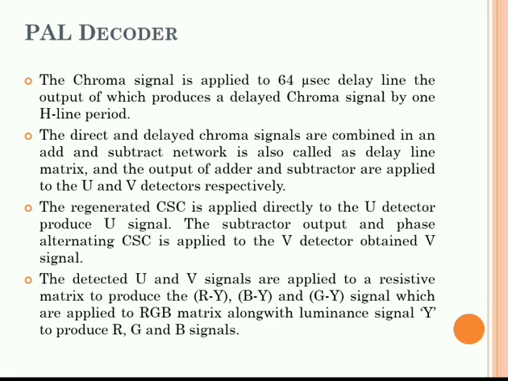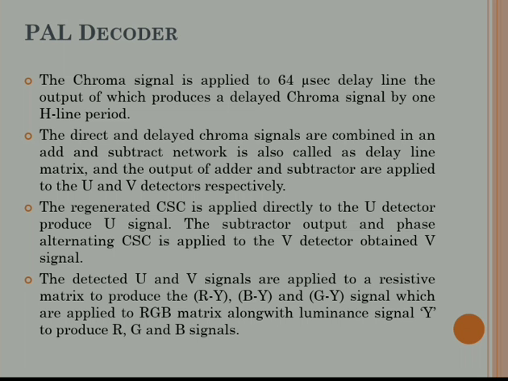At the output of the U and V modulators we have the U signal and V signal, but we need a color difference signal, by which we can find the R, G and B signal. So we pass that signal through the matrix and get the R, G and B signal at the output of this color decoder. This is all about the color encoder and decoder.